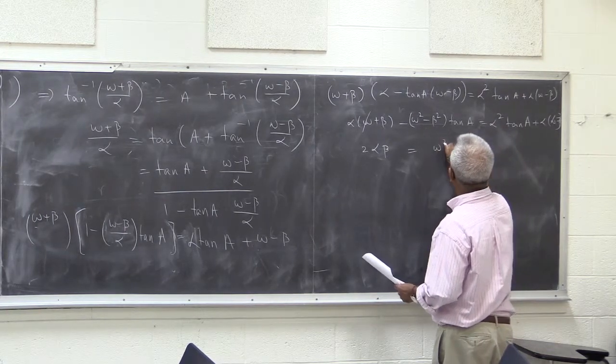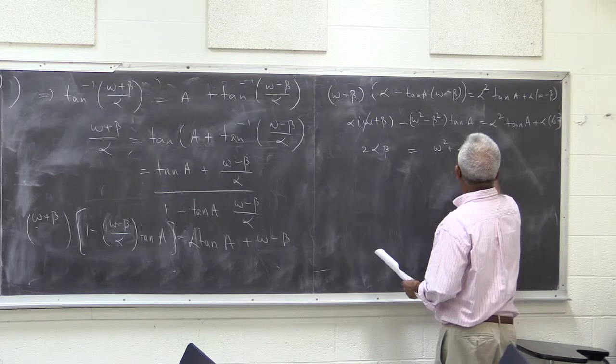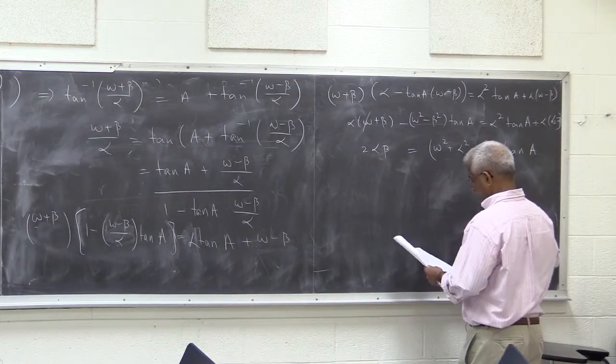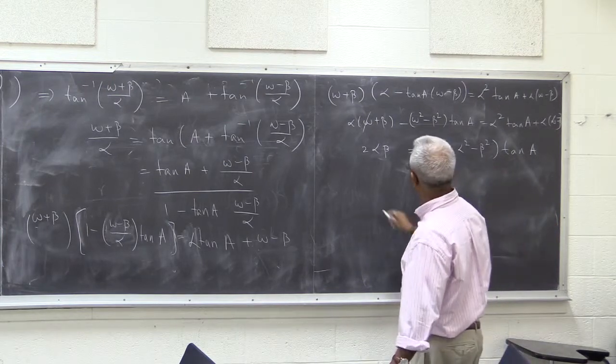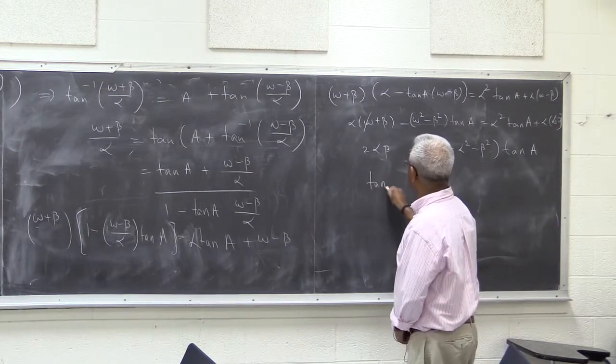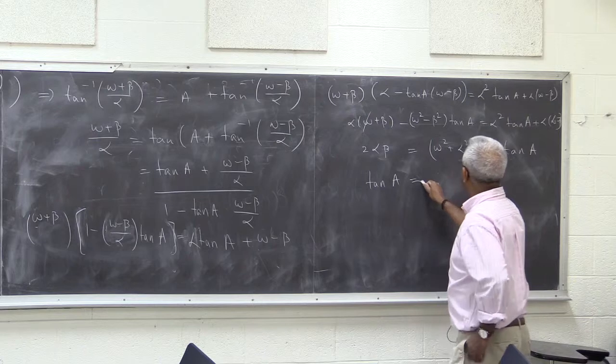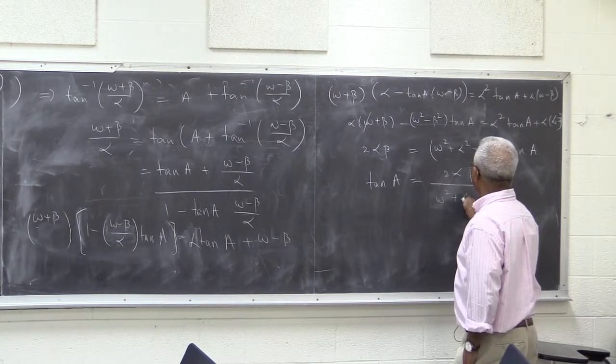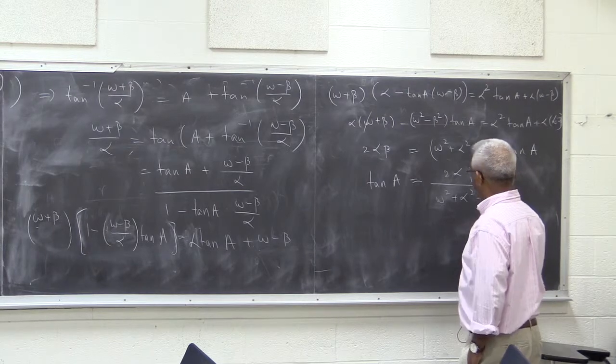So I get omega squared plus alpha squared minus beta squared multiplied by tan A. Or we get tan A, which is what we have been looking for, is 2 alpha beta over omega squared plus alpha squared minus beta squared.